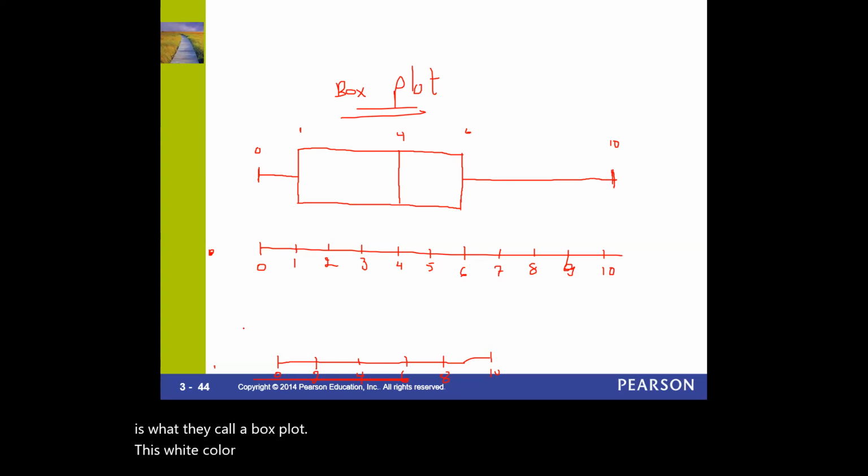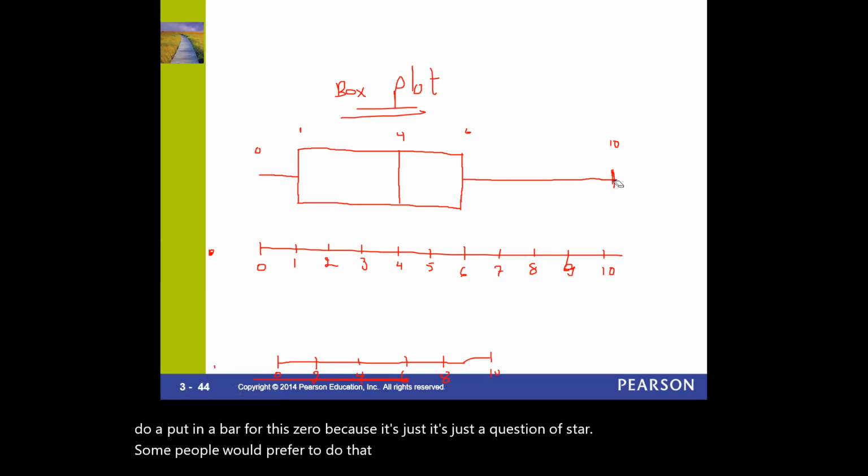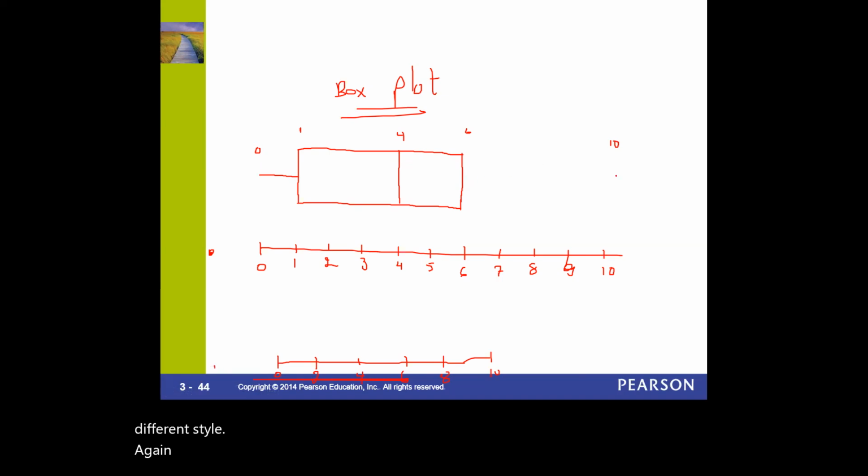If you don't want to do the dots, you can also start by putting a bar for the zero, because it's just a question of style. Some people prefer to do that instead. Different people, different style. Statistics is not an exact science.